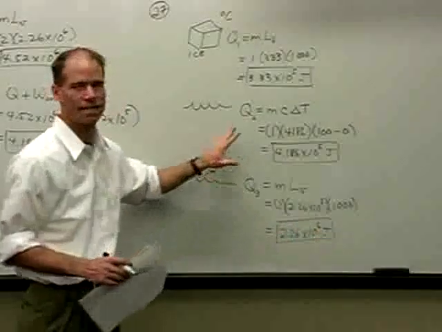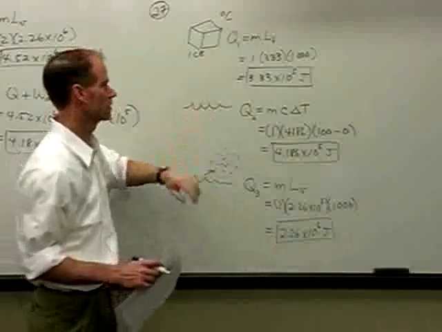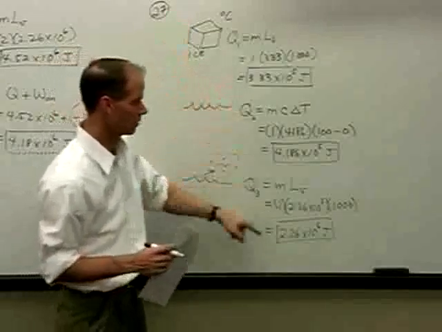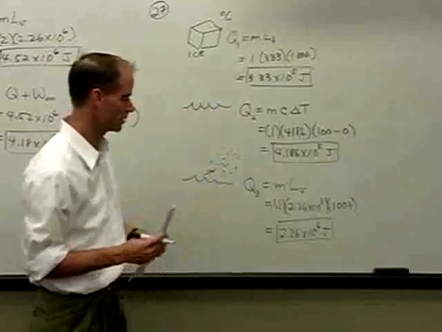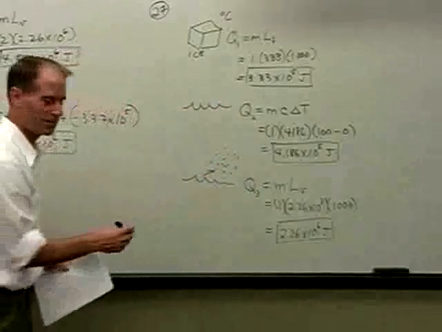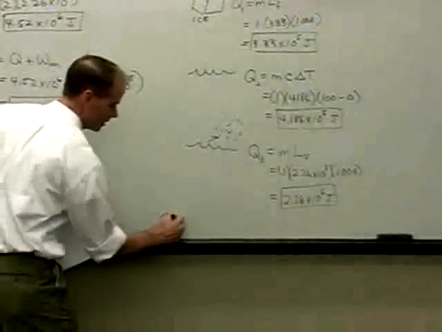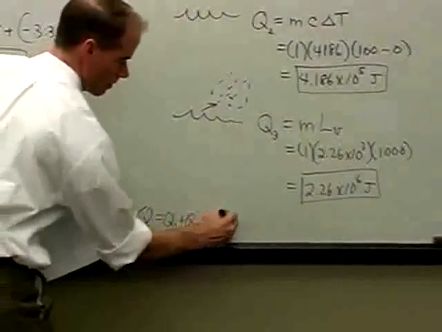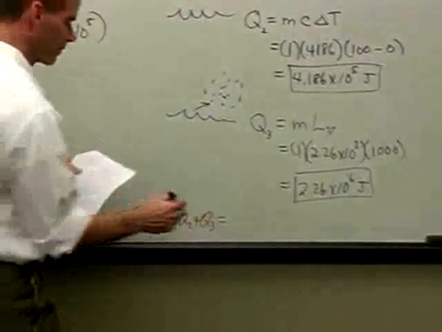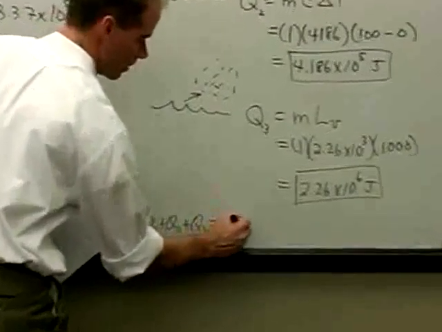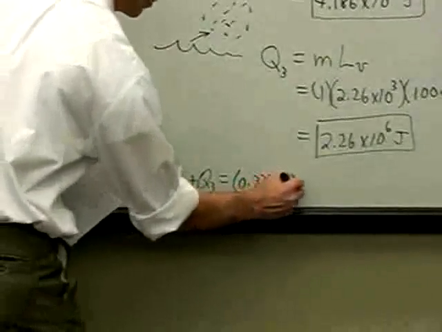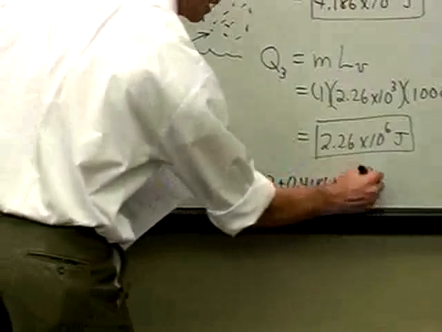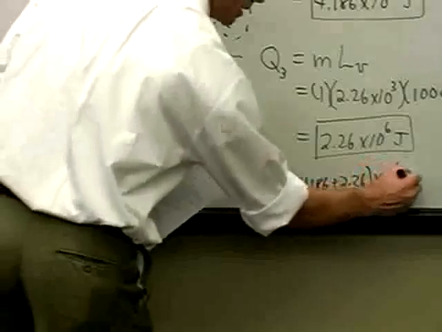So now we'll have steam at 100 degrees centigrade. We went from ice to water to steam, and the total heat required is all three of these heats added together. That would be 0.333 plus 0.4186 plus 2.26, all this times 10 to the 6.